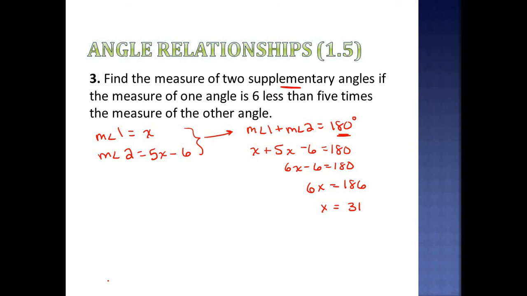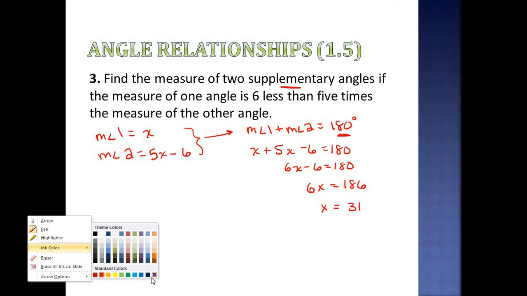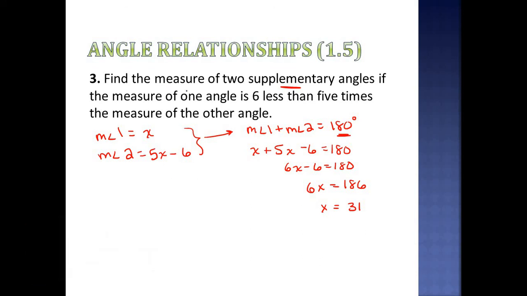At this point, we are not 100% done yet, because in the problem we're asked to find the measure of the two supplementary angles. So we actually have to take x equals 31 and substitute it back into the measure of angle 1 and angle 2.